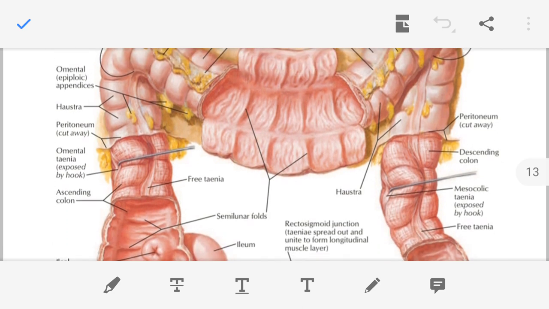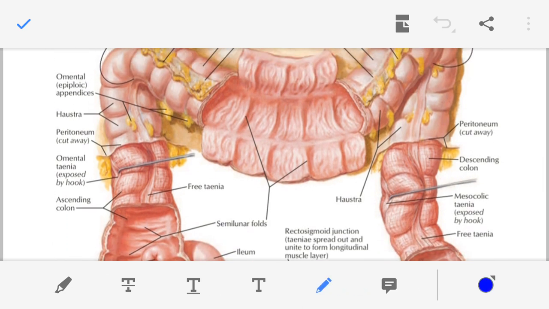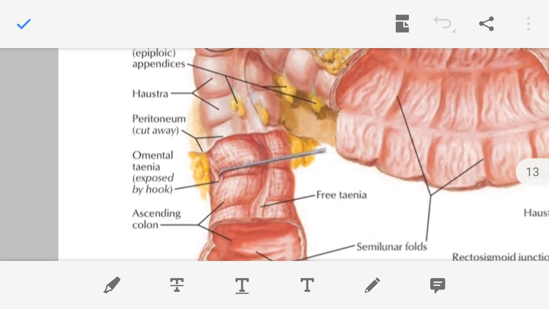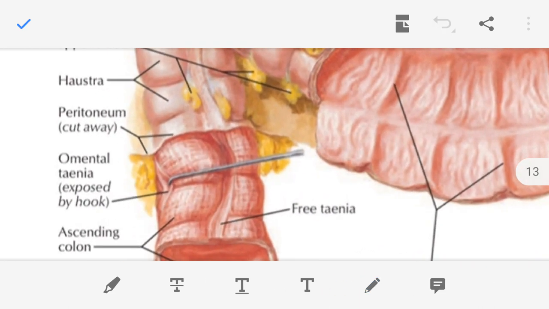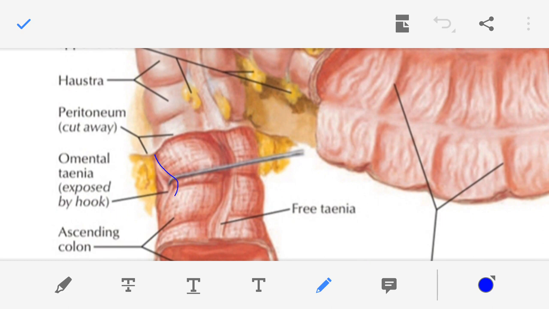Okay, I am helping you out. See, over here this band is present. This band we are talking about. What is the name of this band? Taenia libera. Then the second one, can you see this one over here?